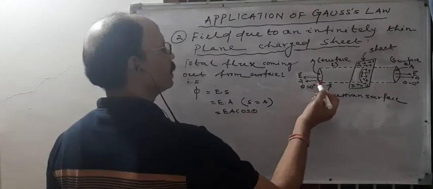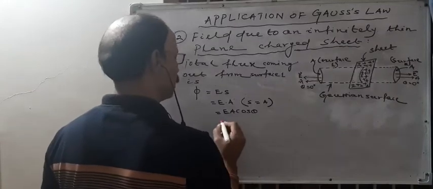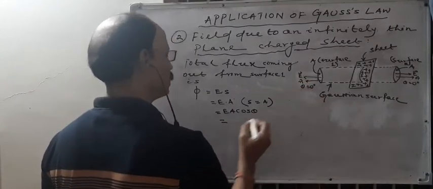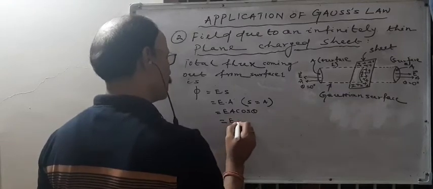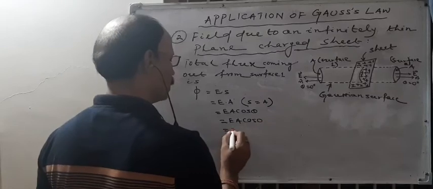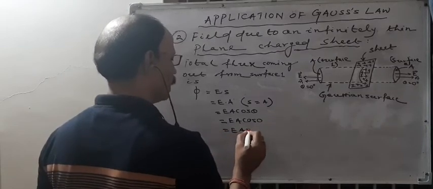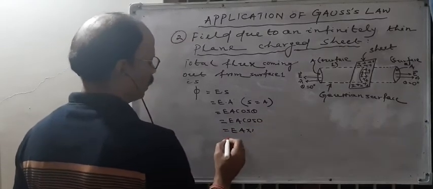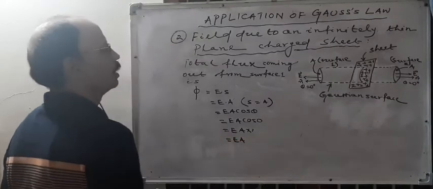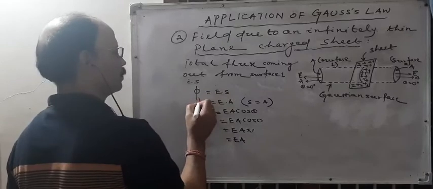Here the area vector and electric field are both parallel to each other, so theta will be equal to 0. So it will be E A cos 0, and it will be E A multiplied by 1, so it will be E A. It is from surface 1.